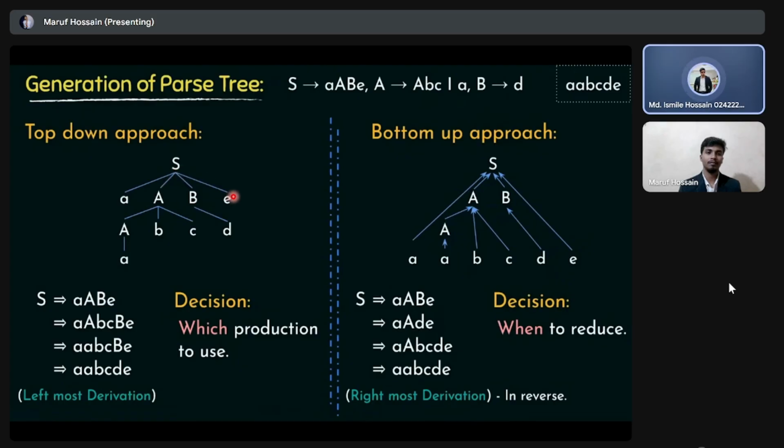The key decision here is which production to use. We perform a leftmost derivation. On the right side we can see the bottom-up approach. In the bottom-up approach, we start from the input symbols and try to reduce them upward to the start symbol. The key decision here is when to reduce. We are essentially reconstructing the reverse of a rightmost derivation.